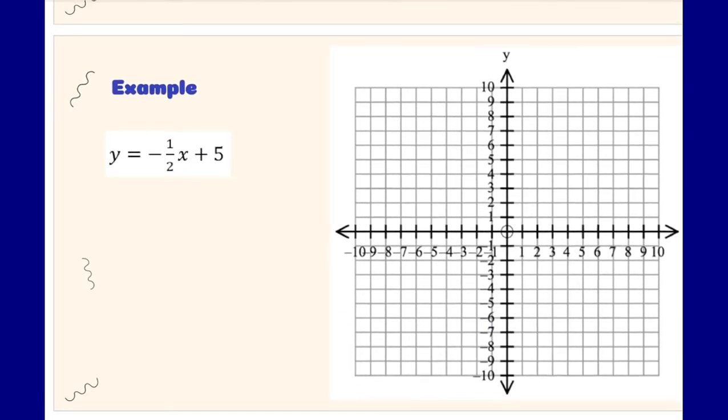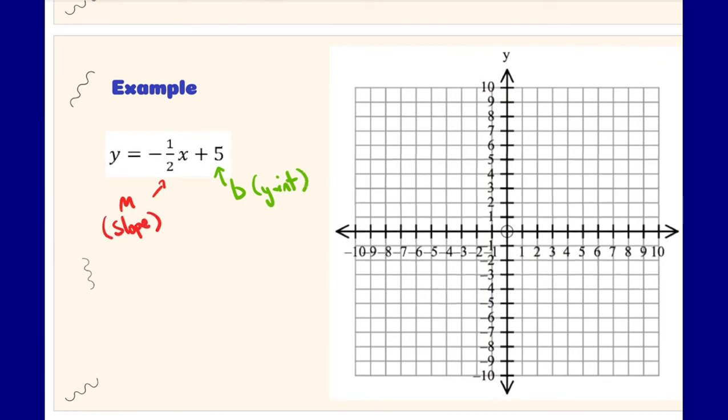So here we have the equation y equals negative 1 over 2x plus 5. So I have two parts. I have my b value, which is the y-intercept, and I have my m value, which is my slope, or rise over run, or multiplier.